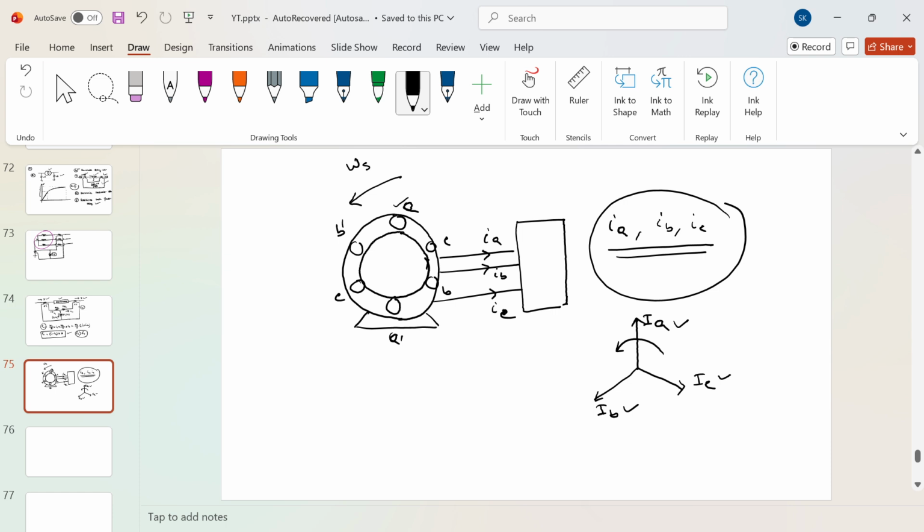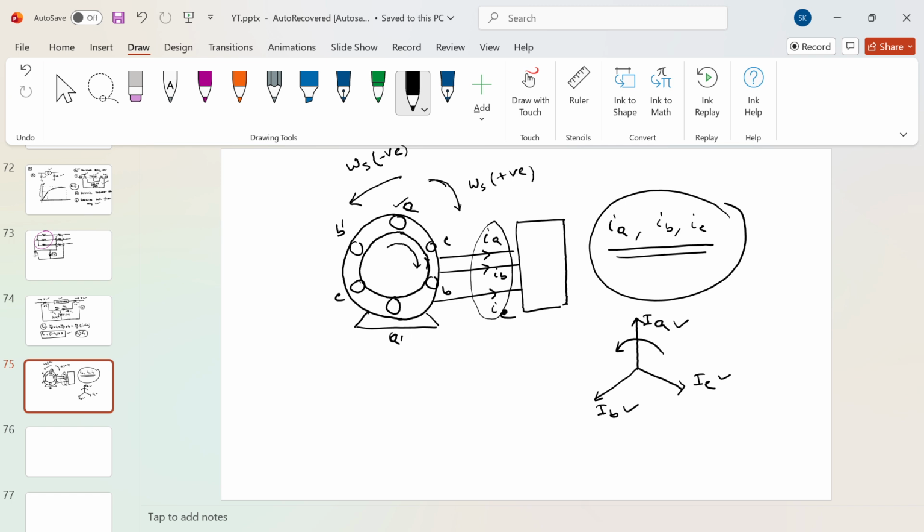Now, in the synchronous machine, let's say your rotor was initially rotating in the clockwise direction, and because your rotor is rotating clockwise, the frequency of the induced voltage will be omega s, and because of the positive sequence component of current, the rotating magnetic field produced in the stator is rotating in the clockwise direction. So this is because of positive sequence, and this is because of negative sequence.